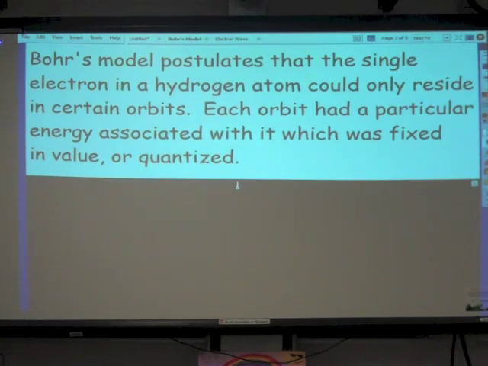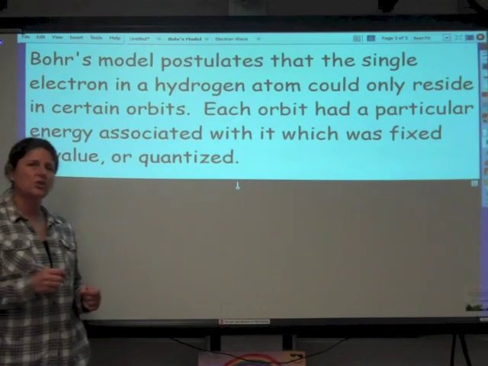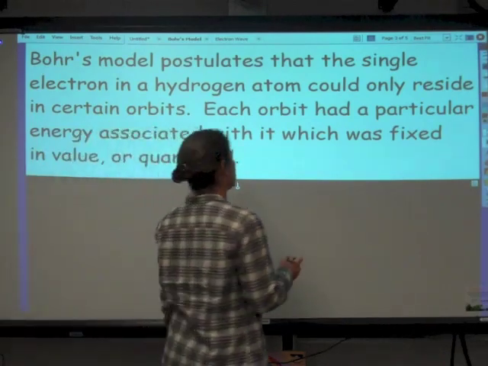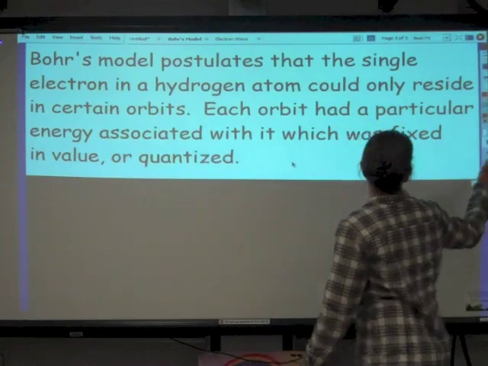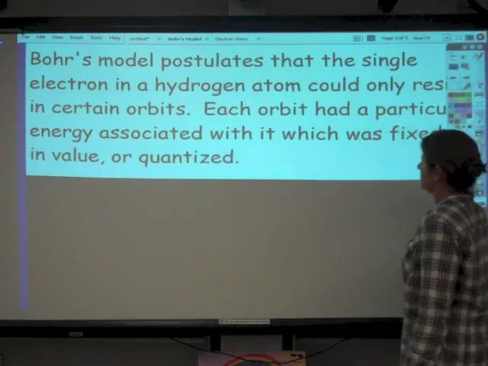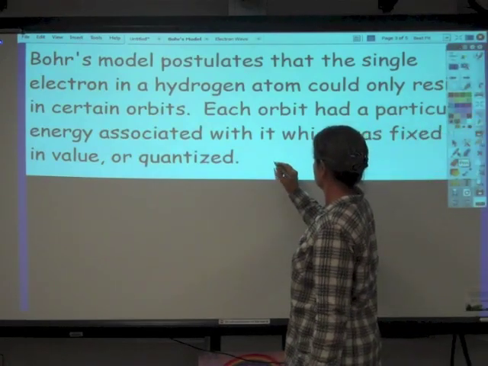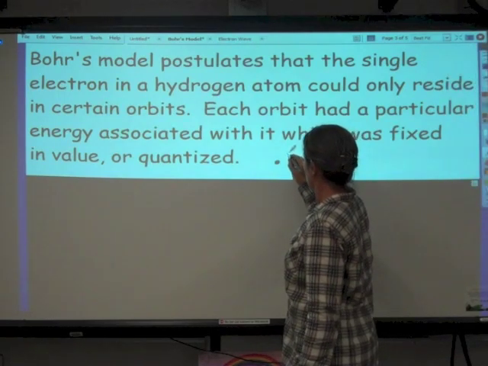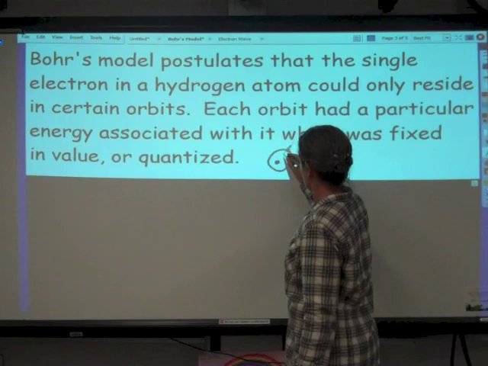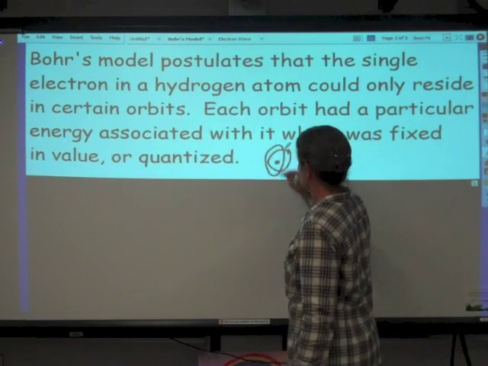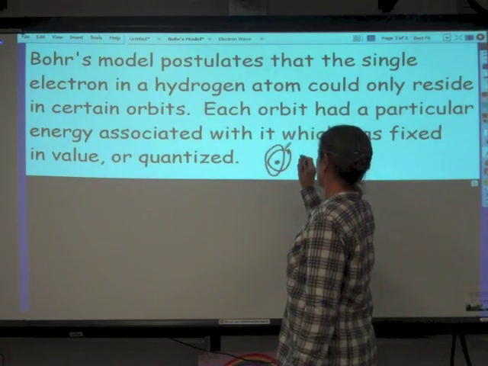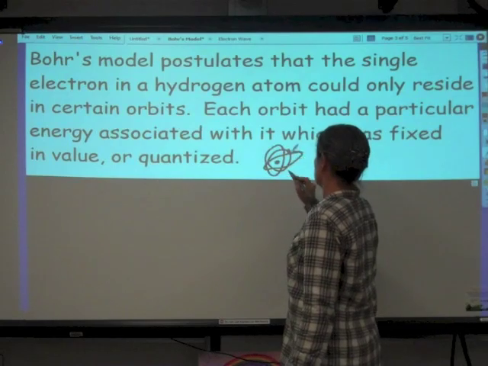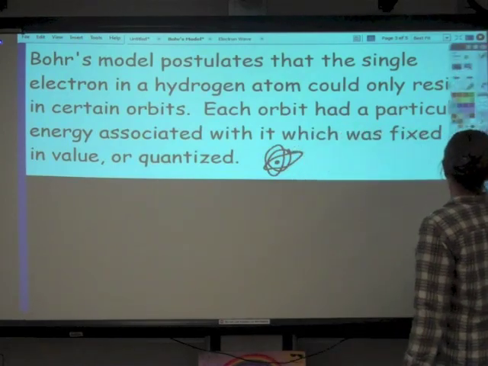So Rutherford's atom had electrons orbiting around a nucleus. So here's an electron orbit, and here's an electron orbit, and this is a terrible picture, never mind.